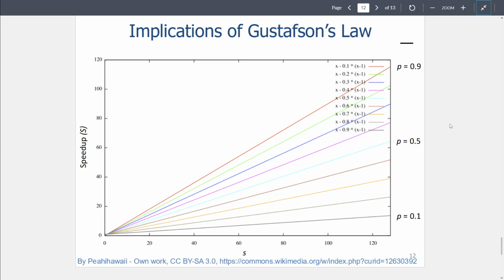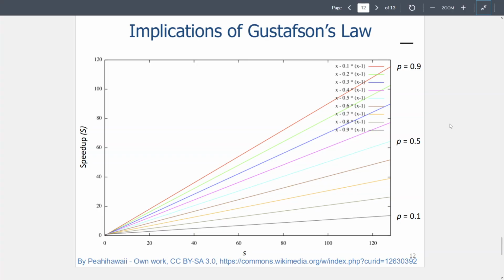Again, we started with the 50% model, which actually would be right about here. Using Amdahl's law, with a parallel section that was only 50% of our code, the max speed up we could get was 2, right? Using Gustafson's law, you can see that it doesn't stop at 2, it just keeps going.